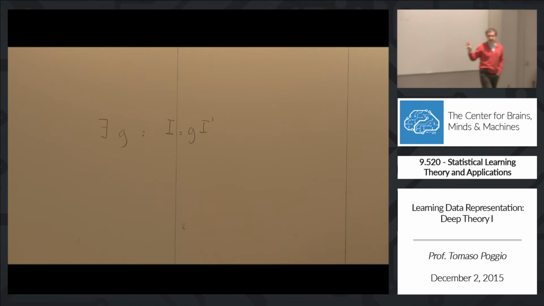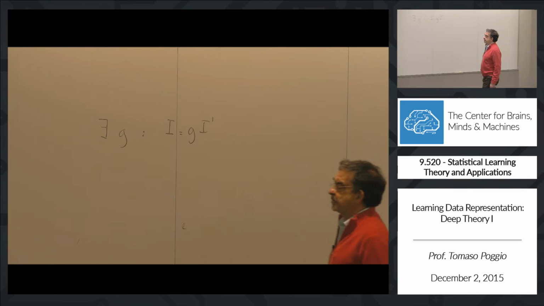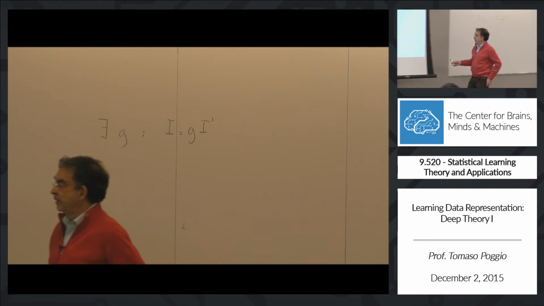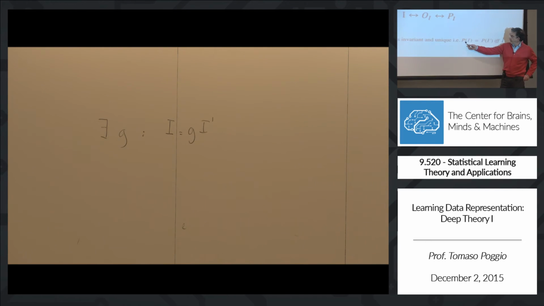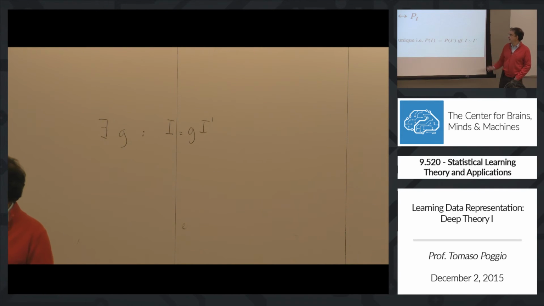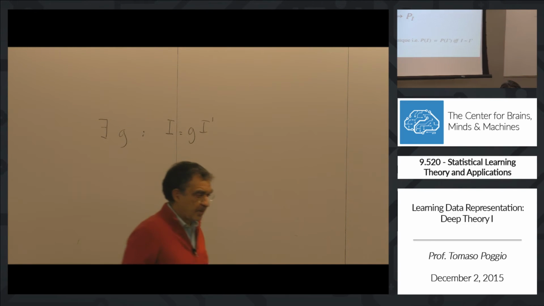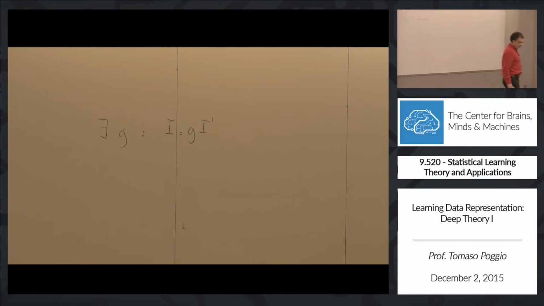So those are equivalent. They're one the transform of each other. And this is the same if and only if I and I prime are equivalent to each other.